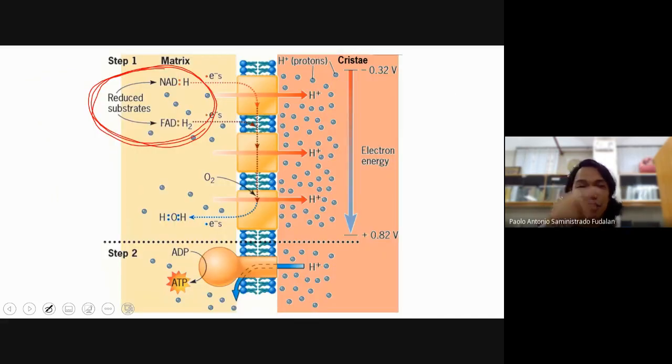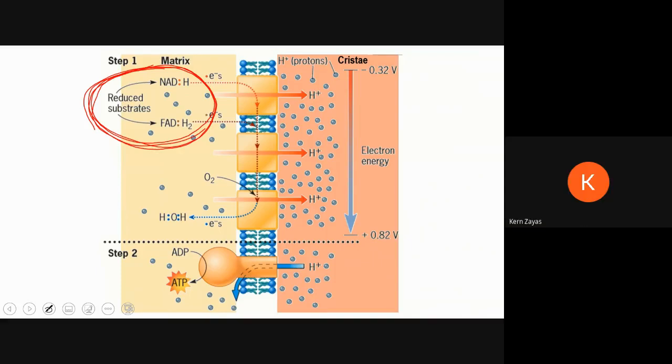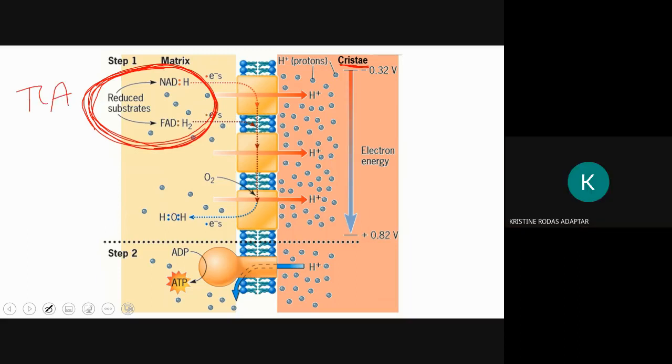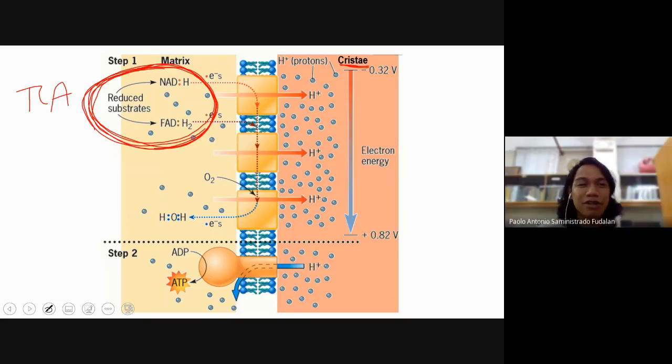Where are the NADH and FADH2 from? No, the cristae is on this side. Where does this happen? This is actually from the TCA. In the matrix of the mitochondrion, sir. All right, in the matrix of the mitochondrion. So these are fresh from TCA, guys. So they are carrying with them electrons.